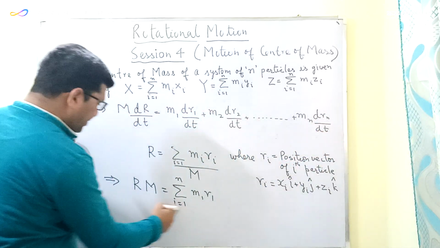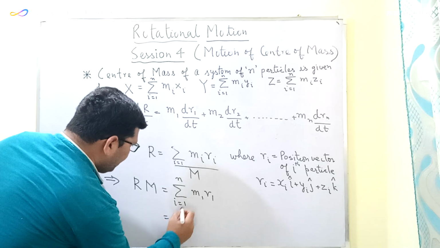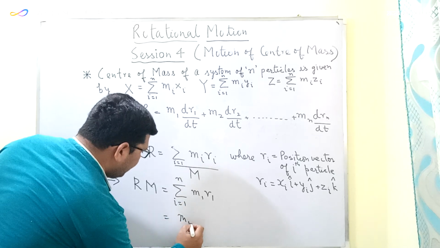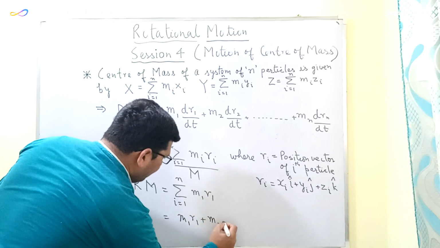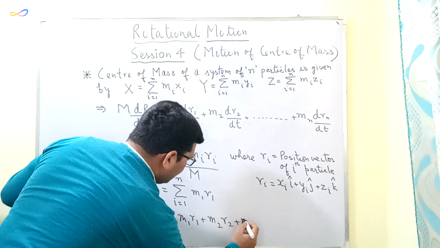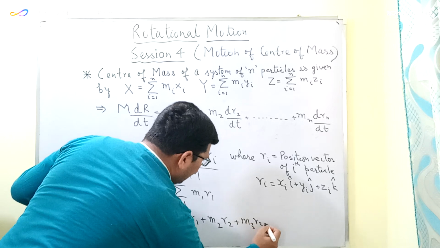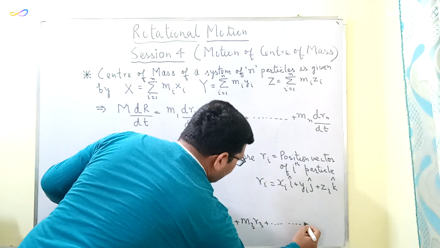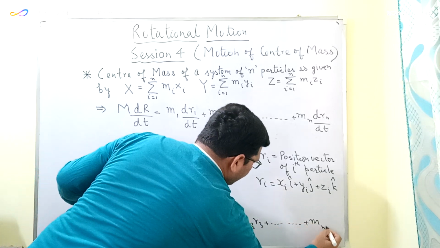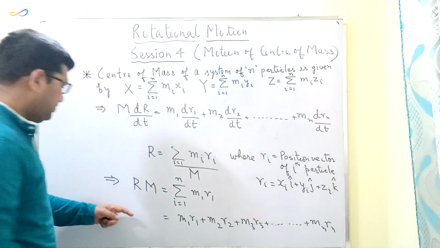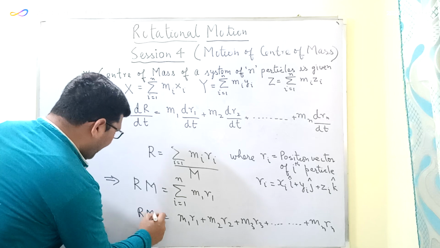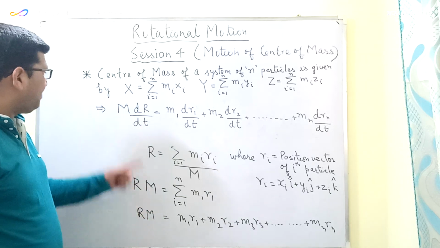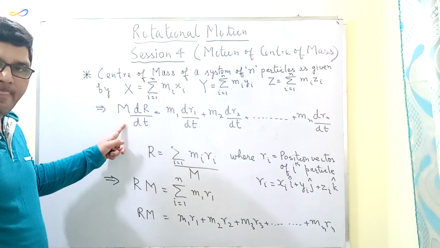This equation you can also write as m1 r1 plus m2 r2 plus m3 r3 and so on, plus mn rn. So this is equal to rM.